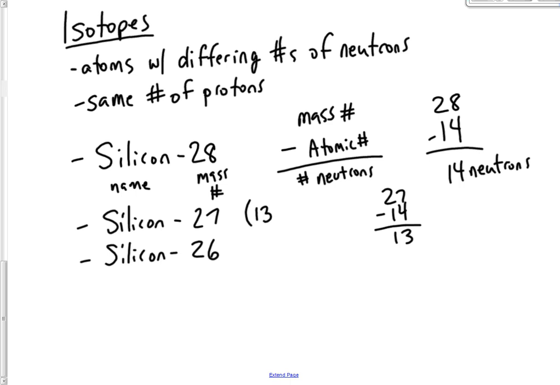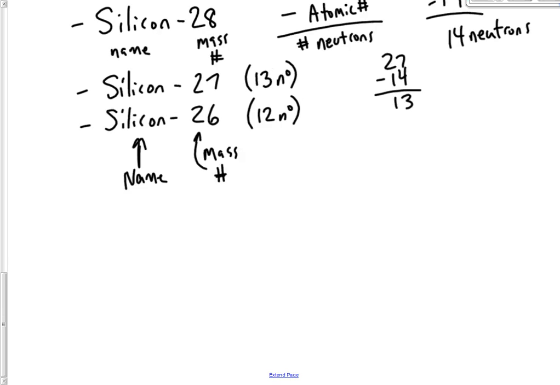And then 26, obviously, we're going to have 12 neutrons. Again, you have your element name here and your mass number there. So you say the name and then you say the mass number. That's just how you say it.